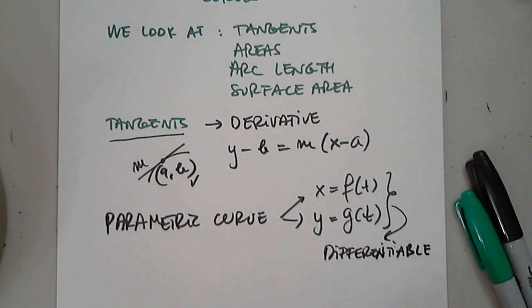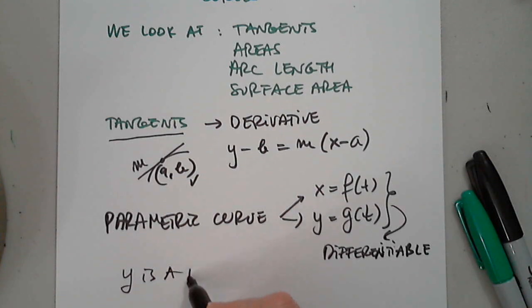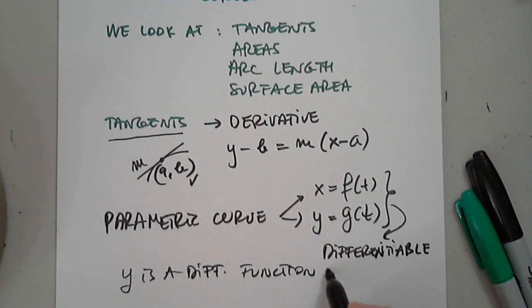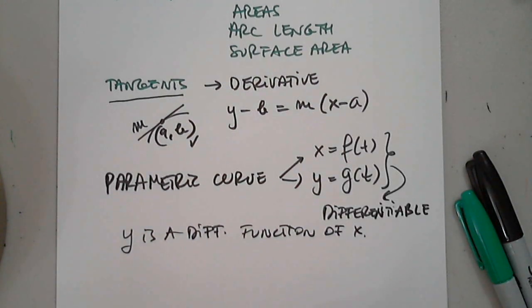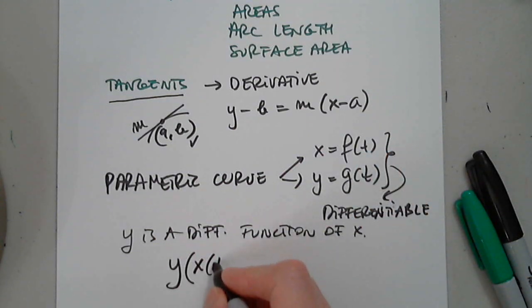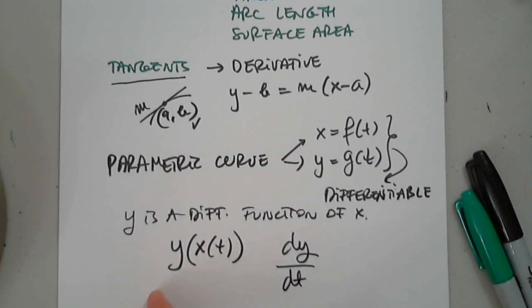Also, y is a differentiable function of x. Knowing that, y is a function of x, but x is a function of t, right? So when we want to differentiate and find dy over dt, we have to use the chain rule.